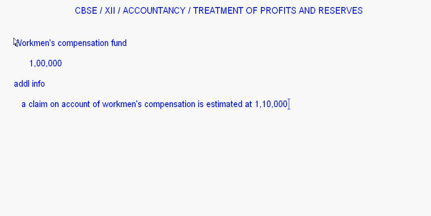Okay. Now what will we do in such cases? Now this means the Workmen's compensation reserve is only 1 lakh, whereas the claim, the provision which is to be made, is 1,10,000. So let's look at how to treat this kind of a thing, right?